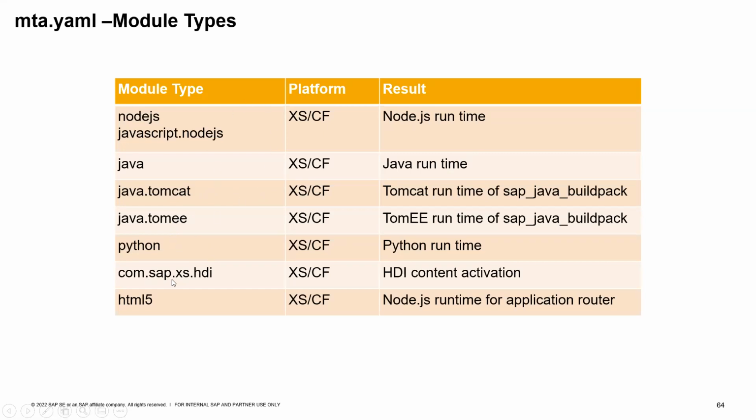Similarly, com.sap.access.hdi is for HDI content activation. We have the Java runtime. We have java.tomcat for Tomcat runtime for the Java build pack. We have the HTML5 runtime. This is also used for app router, which we'll be discussing in the last session of this course. So these are a lot of the module types.